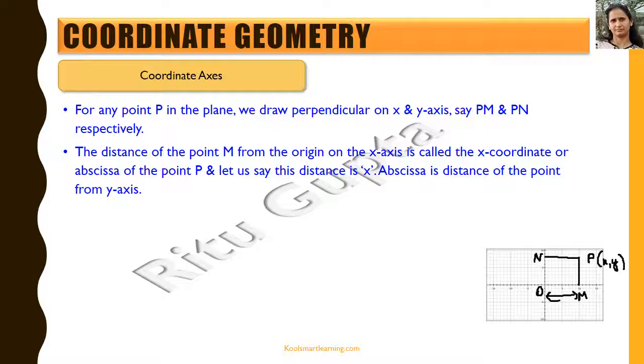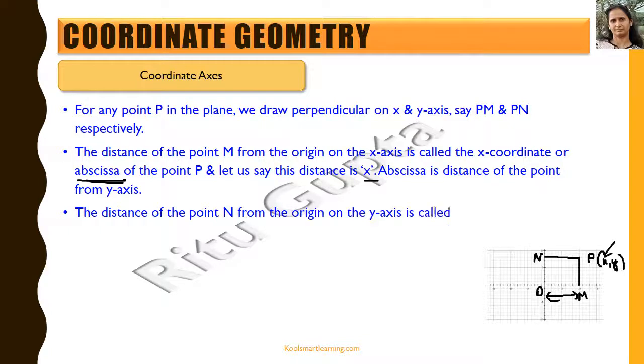So this OM, the distance of the point M on the x-axis, is the x coordinate, also called the abscissa of the point P. Abscissa is the distance of the point from the y-axis. So we can say this distance OM is the distance of point P from the y-axis, which is called abscissa.